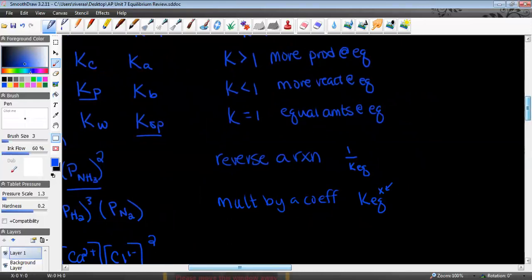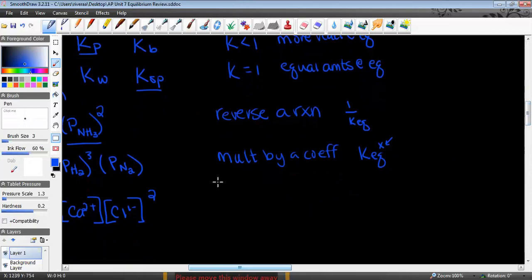And then finally, when you're manipulating your K values, you know how in Hess's law we add up our delta H's? We do not add up Keq values, right? So to get a total, like if these were 2 different reactions that we messed with, you would not do Keq number 1 plus Keq number 2.